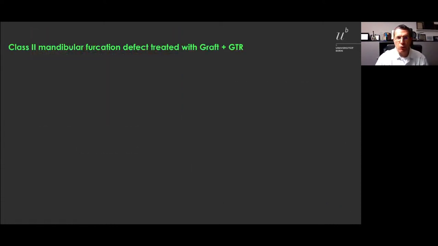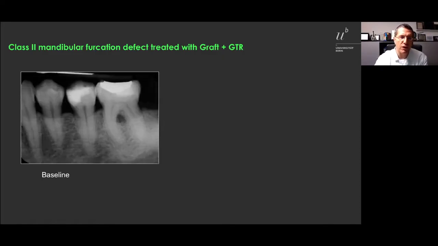What about class 2 furcations? Have a look at this case. It's a lower jaw mandibular furcation defect. And we know from the literature that such a defect is not easy to regenerate, and such a molar is not so easy to keep on a long-term basis. The probe almost passes completely under the furcation. It's a class 2, it is not a class 3.